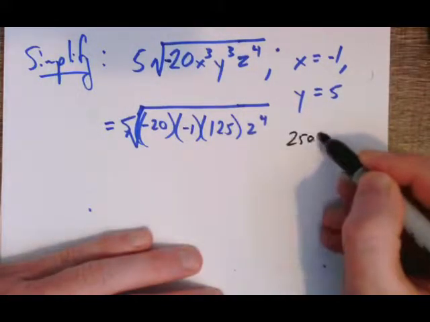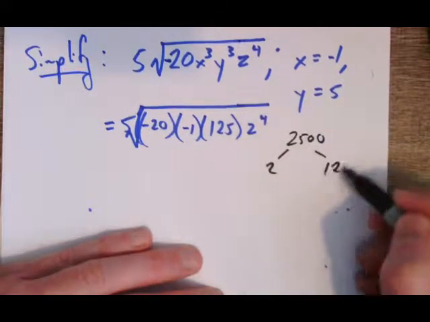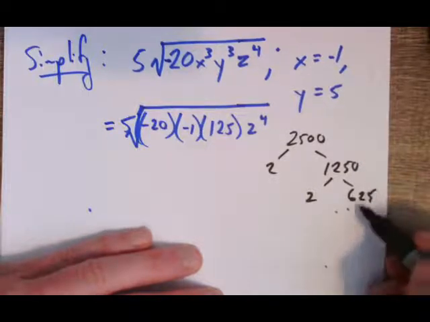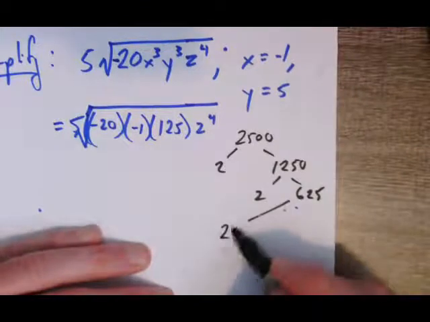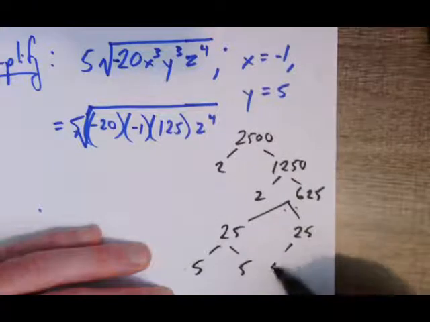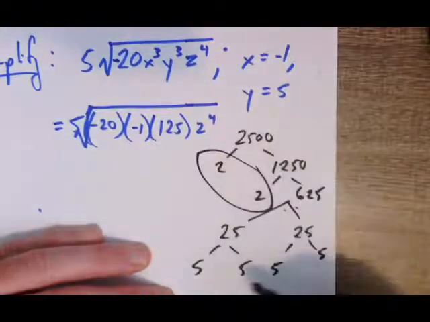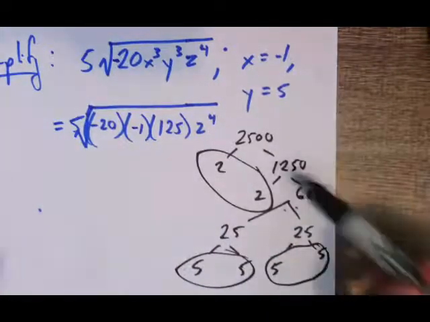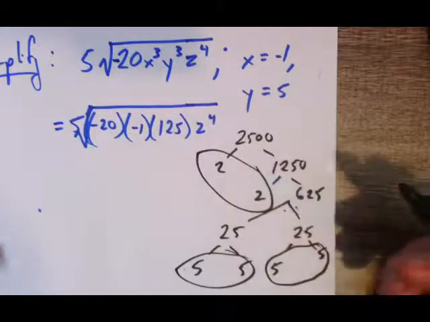2,500. Is that right? Yeah. So it's 2 times 1250. 2 times 625. 625 is 25 times 25, in case you didn't know, which is 5 times 5, 5 times 5. So we look for the pairs. Taking out a 2, a 5, and another 5. The root of z to the 4 is z to the 2.